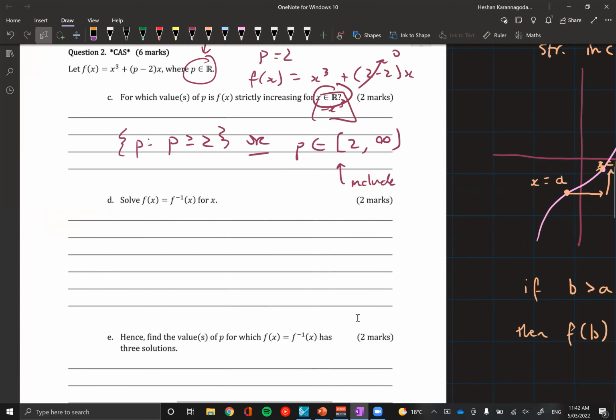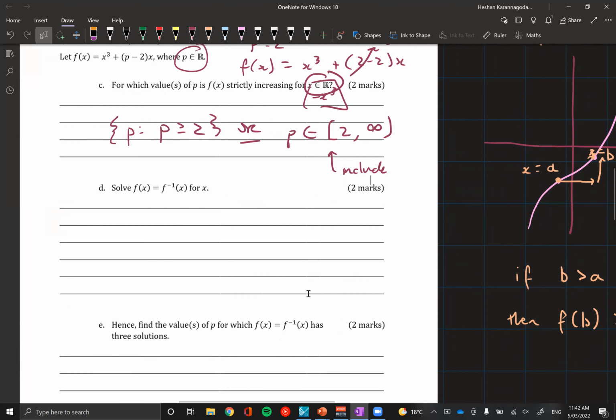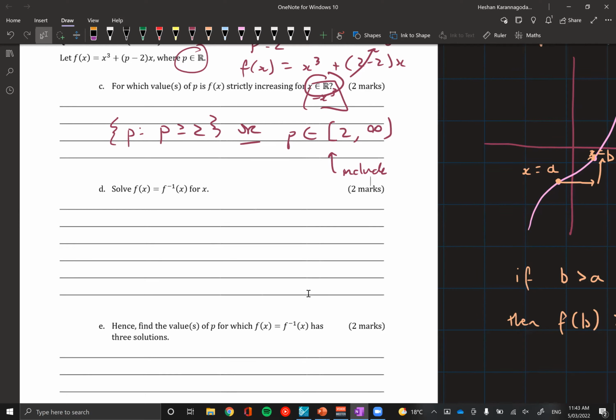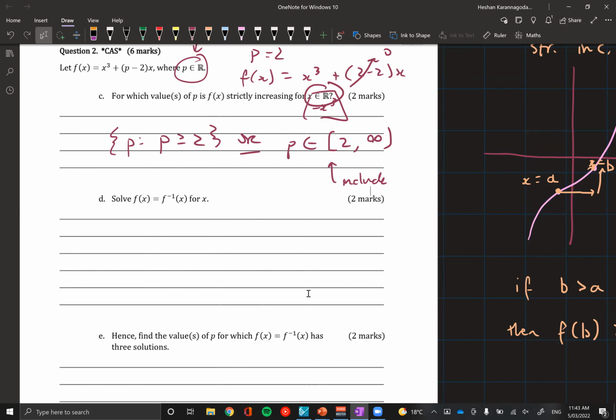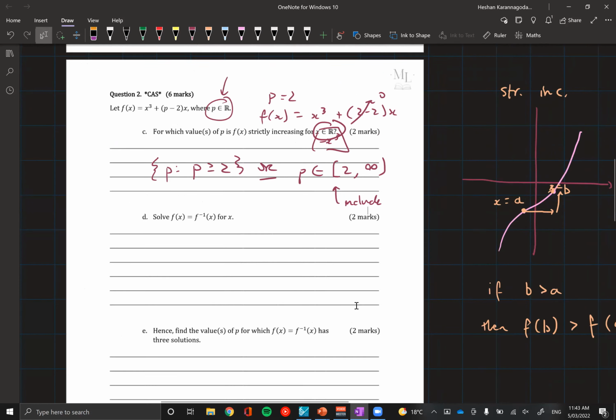Sweet. Okay. So the next question, solve f of x equals f inverse of x for x. So what we do is, we just want to solve this equation. Not too hard, but in this case, we've got a bit of a unique situation where we have a cubic. I want to find the inverse of it.